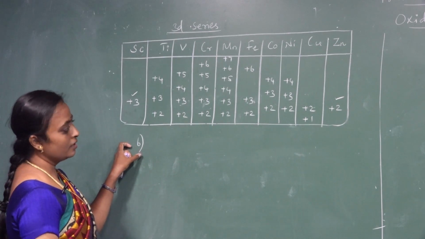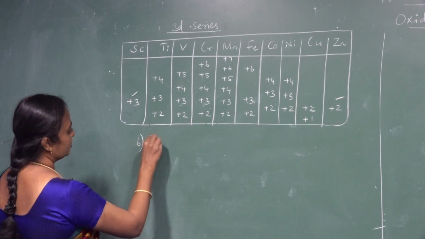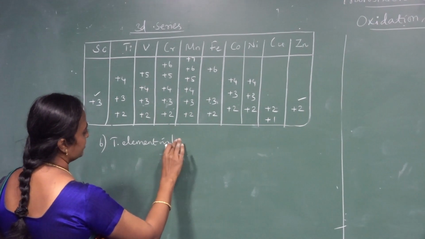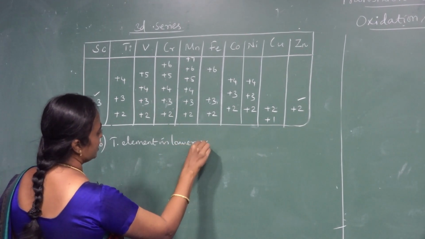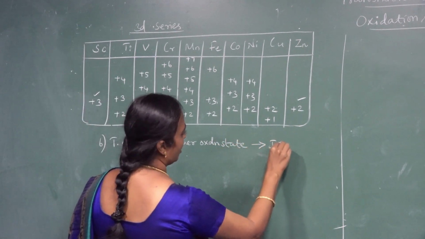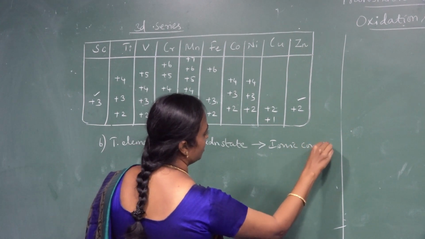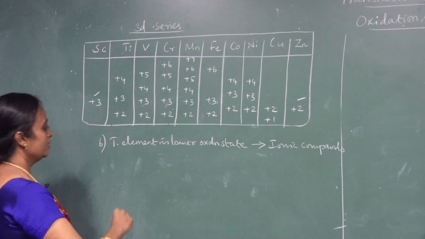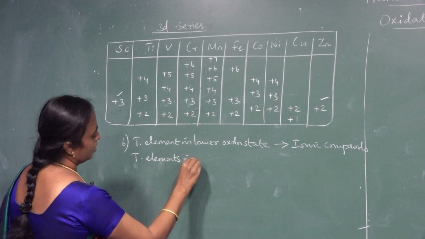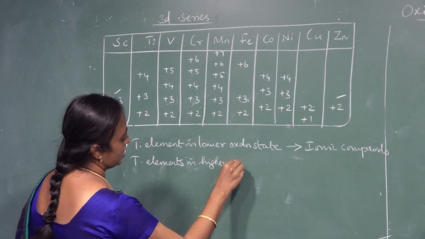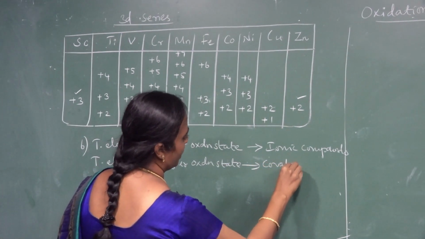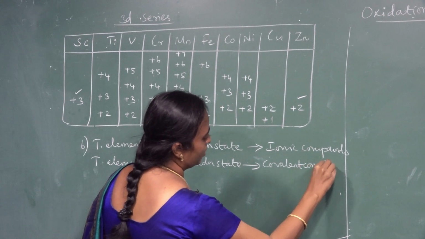Okay, next we will see the transition elements in lower oxidation state form ionic compounds, whereas transition elements in higher oxidation state form covalent compounds.